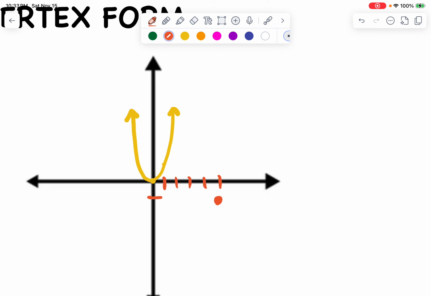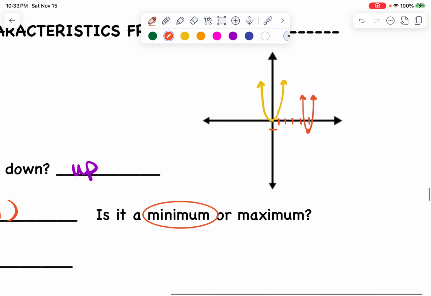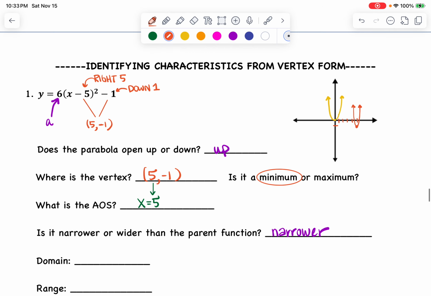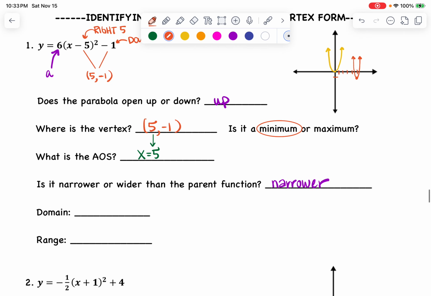And it's going to be much narrower, like a lot narrower. It's going to look like this. And again, we're just sketching. They don't have to be perfect graphs because there's not a grid here to work with. But the fact is, somebody is pulling and stretching this parabola so that it's 6 times taller, and so it's going to get narrower for sure.